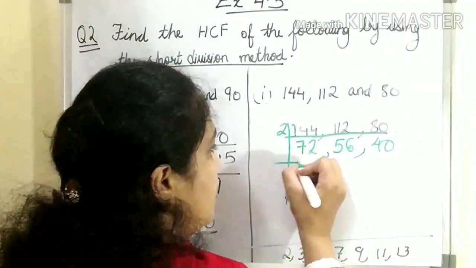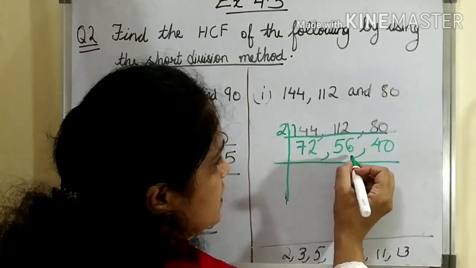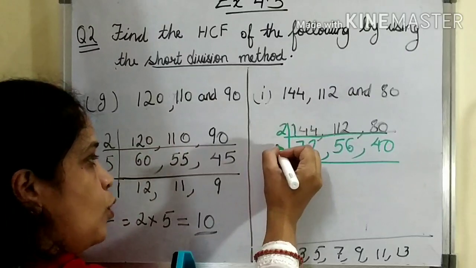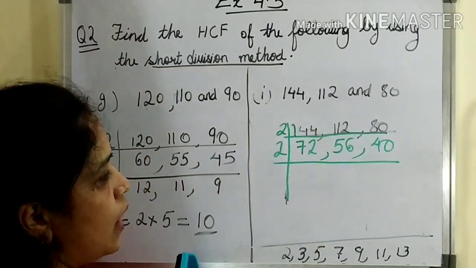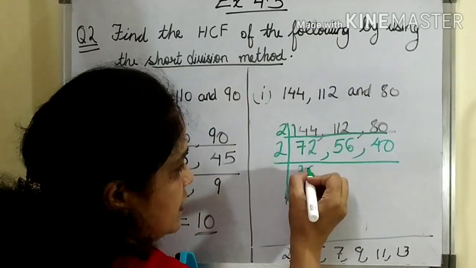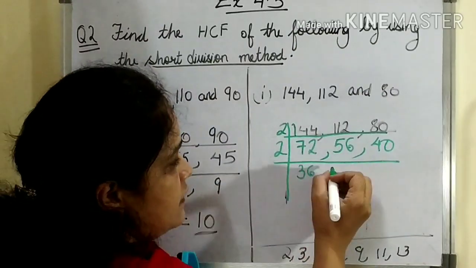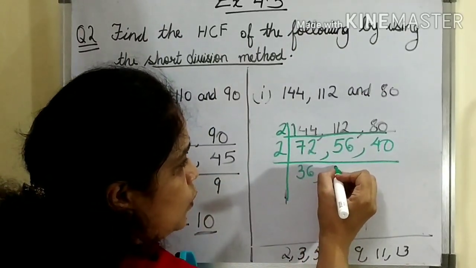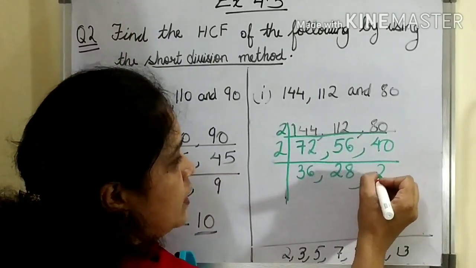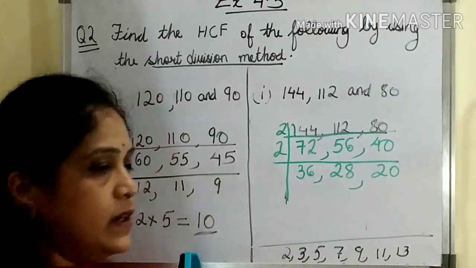Now since all are even, these numbers will again go by 2 only. 72 divided by 2 is 36, 56 divided by 2 is 28, and 40 divided by 2 is 20.